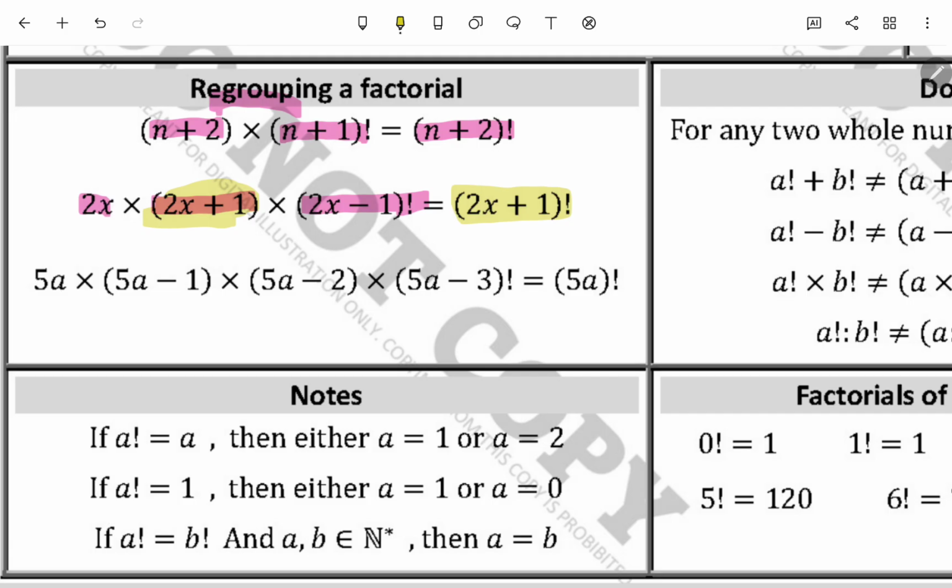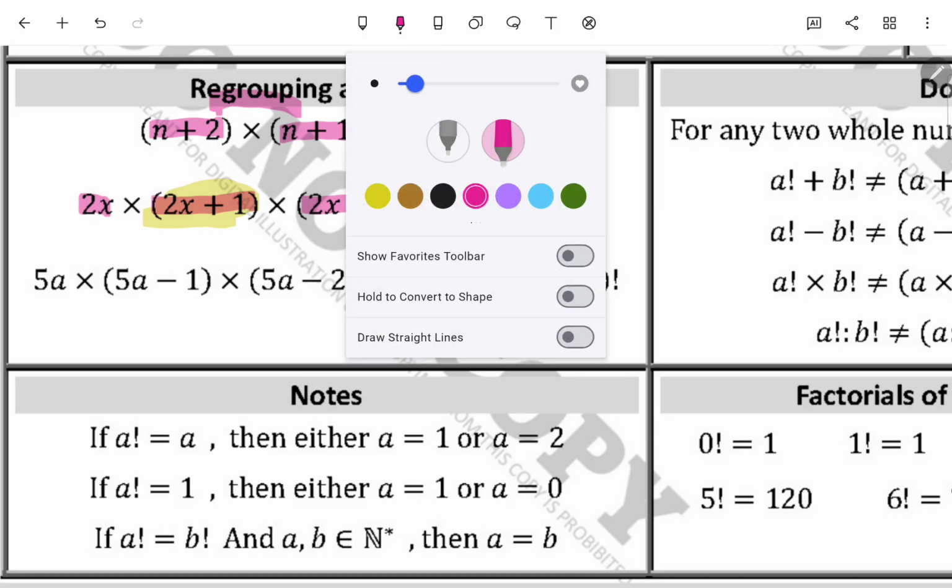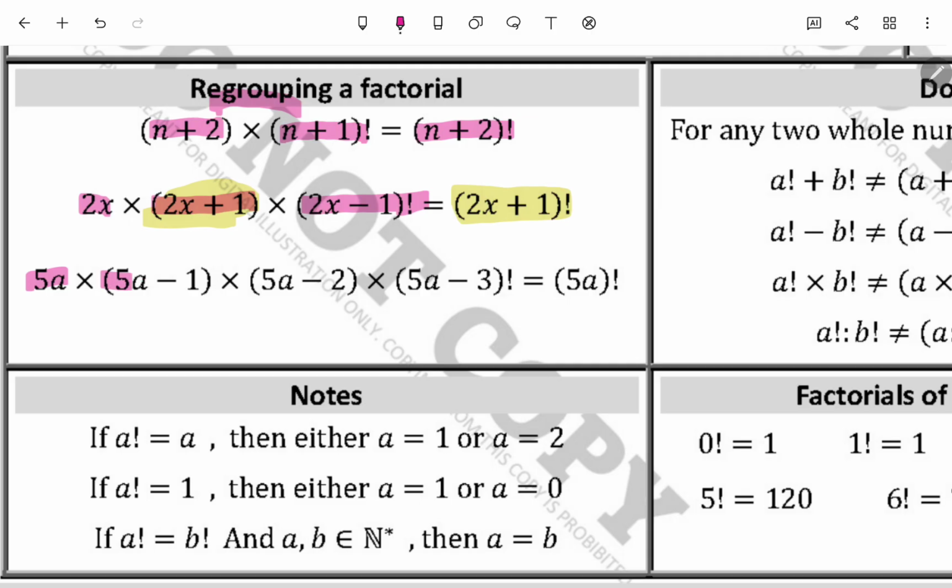Now, if we have 5a multiplied by 5a minus 1 and 5a minus 2 and 5a minus 3 factorial. They are in order, and the biggest fish is going to be 5a, which is the biggest factor, and all small fishes will be inside its abdomen.